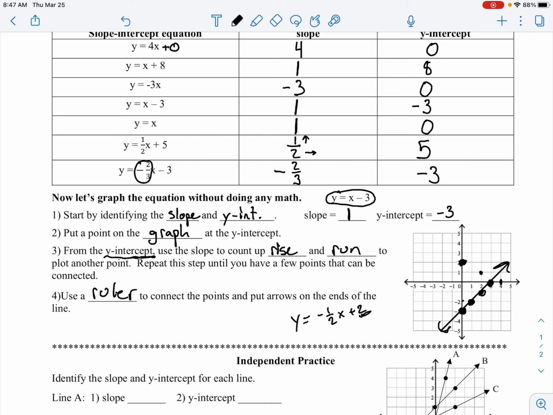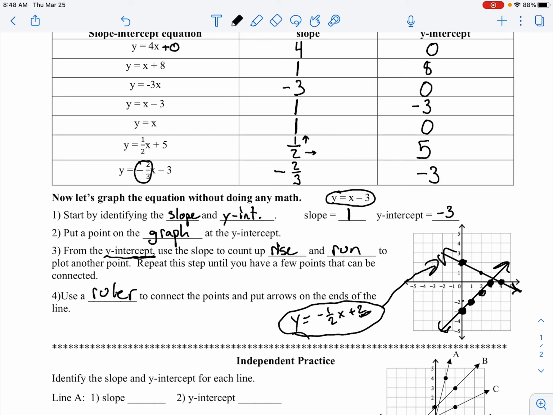Drop 1 and go over 2. So just another quick example here of a line that we could have. And then we put our arrows on there, and it's really that simple. So don't be confused by any negative slopes or anything. They work the same way. We just got to go in a negative direction instead of the positive direction.